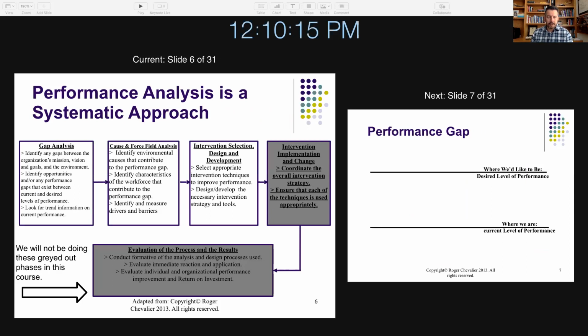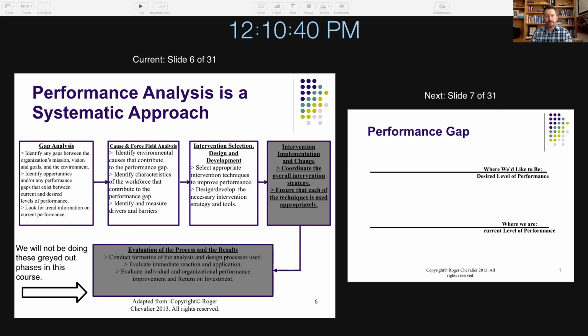It looks like this. It starts off with a gap analysis, and then the next step would be a cause and force field analysis. The force field analysis looks at the forces behind the cause.